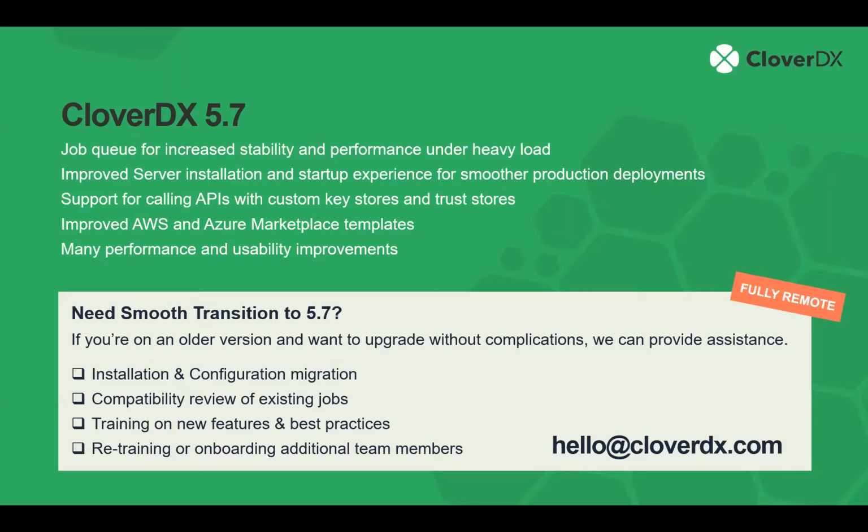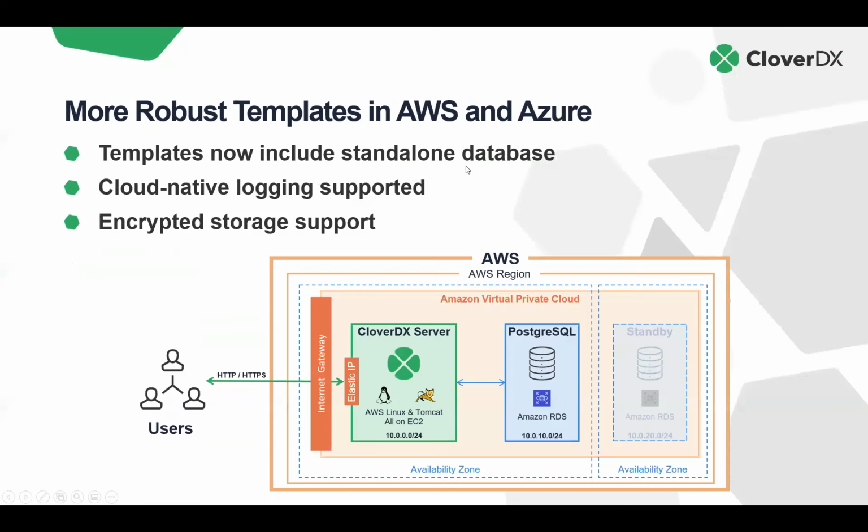So is the embedded Derby database still created and used by default? No, it's not. So when you create something based on a template, if I go back a couple of slides, what we had before, basically we didn't have a blue box in there at all. It only used the Derby in the virtual machine that was deployed in the cloud.